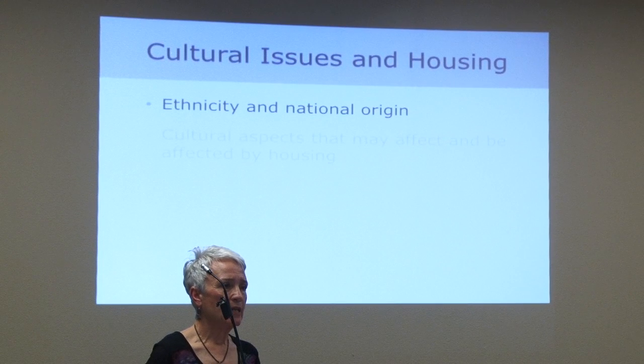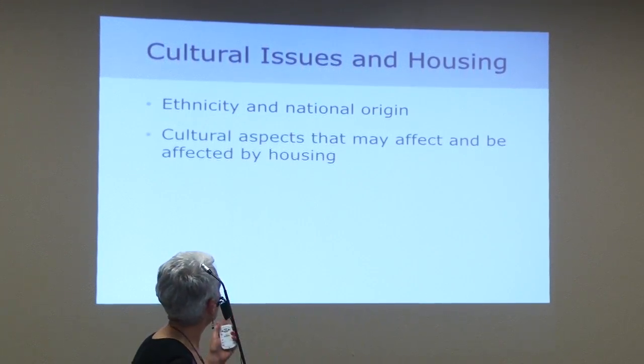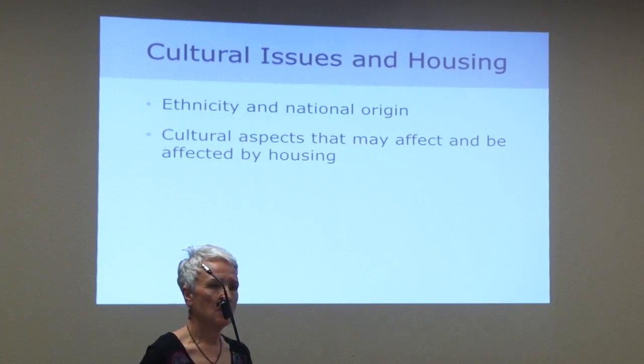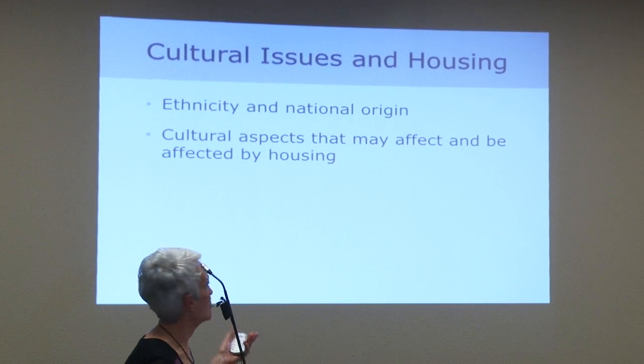One of the things we might not consider very often when we think about fair housing is the idea of the cultural issues that come to bear in terms of being able to access and maintain fair housing.